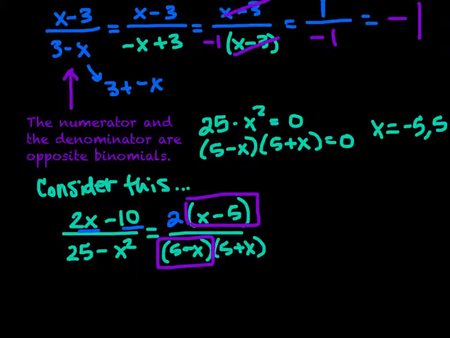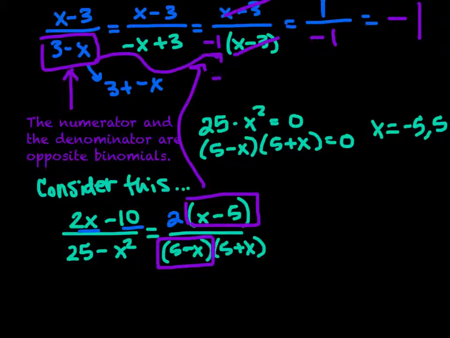I know from the step up here that I could rewrite 3 minus x as negative 1 times x minus 3. So I'm going to do that step down here with this 5 minus x.